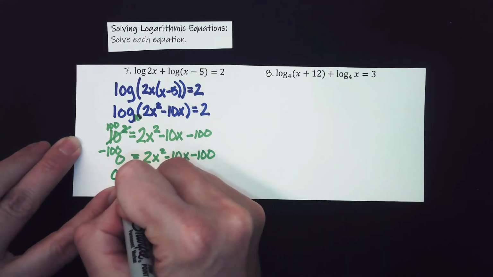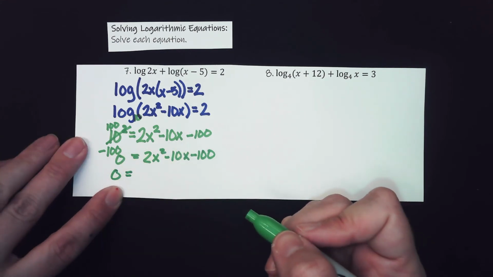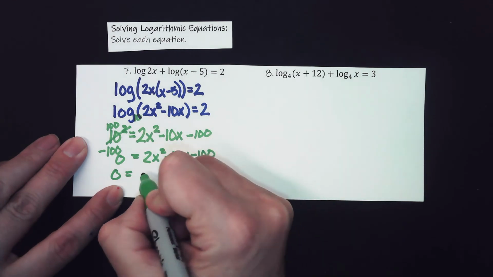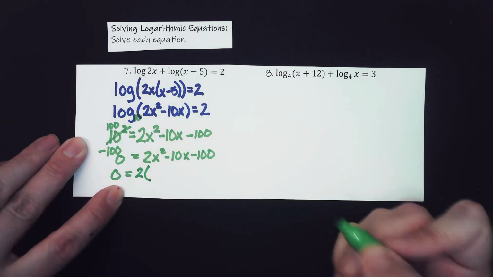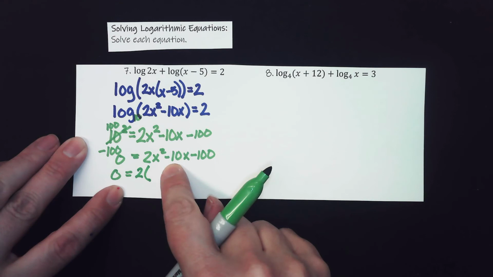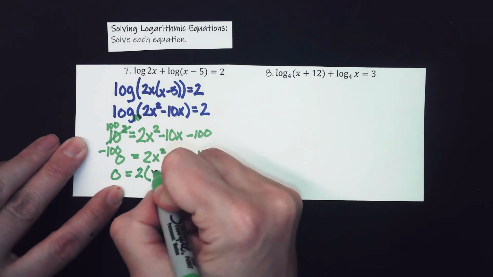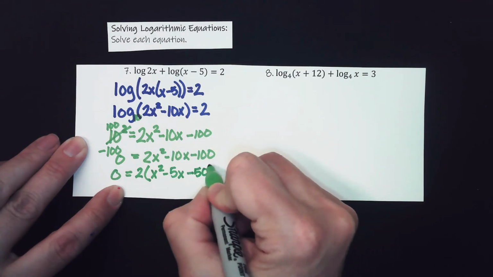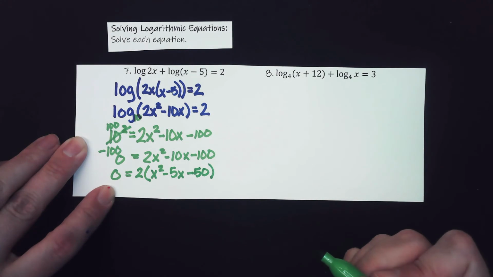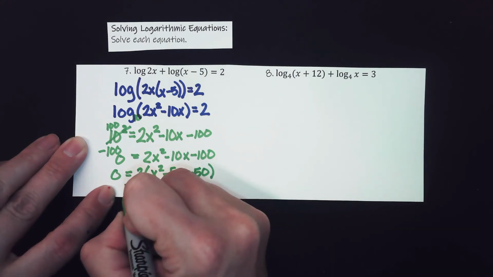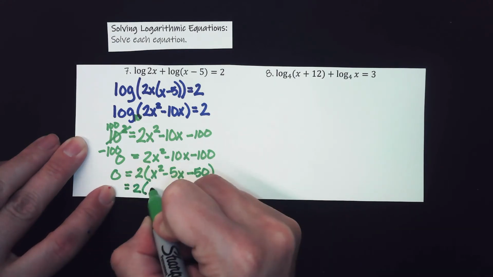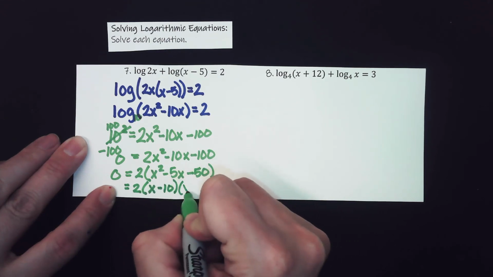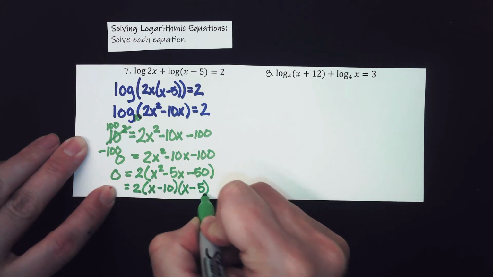So 0 is going to equal, and I can divide everything by 2. So that leaves me with x squared minus 5x minus 50. And this then factors into x minus 10 times x plus 5.